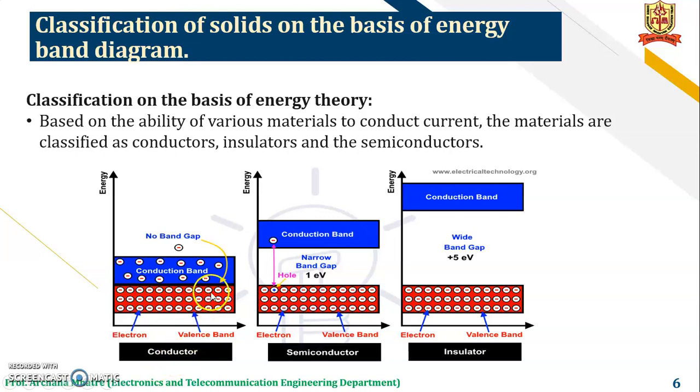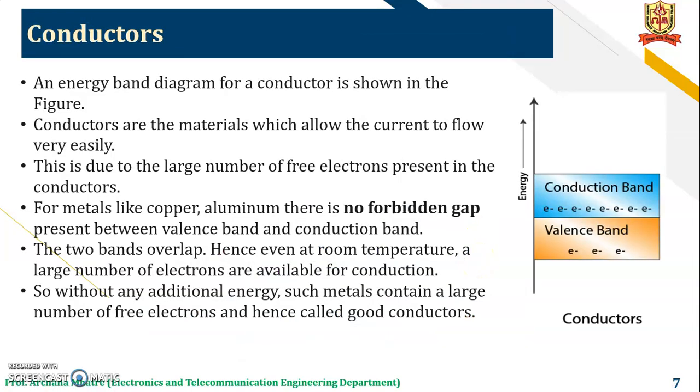As you can see here, there is no forbidden gap between the valence band and conduction band. For a semiconductor, there is a narrow, small forbidden gap between the valence and conduction band. And in an insulator, you can see that there is a large, wide forbidden gap between the valence band and conduction band.